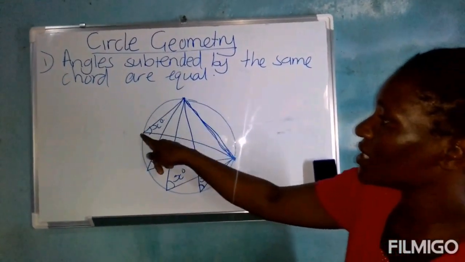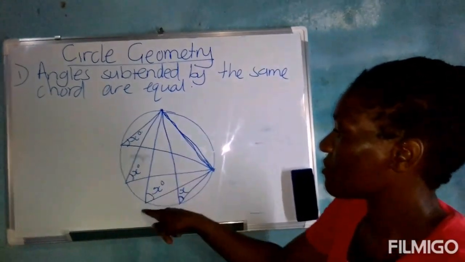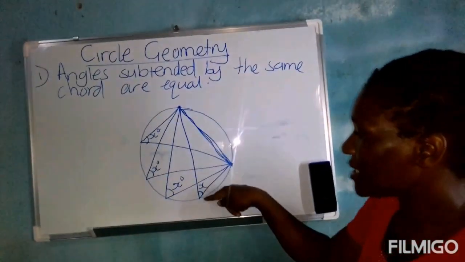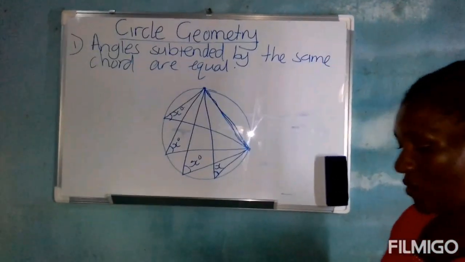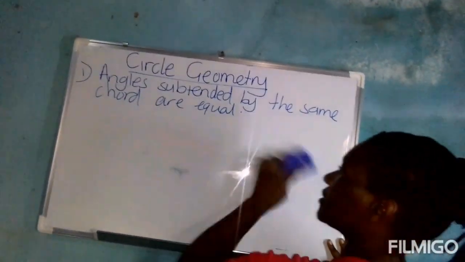So the angles subtended by the same chord are equal. That's our first theorem.